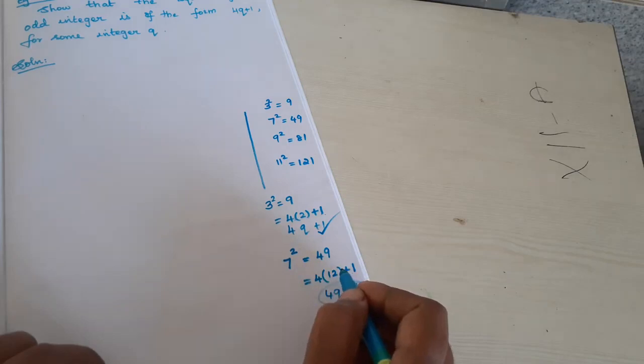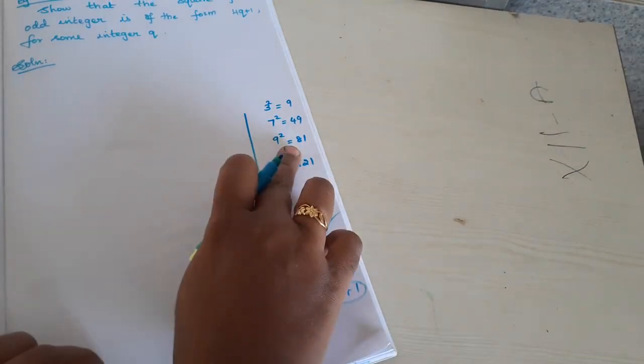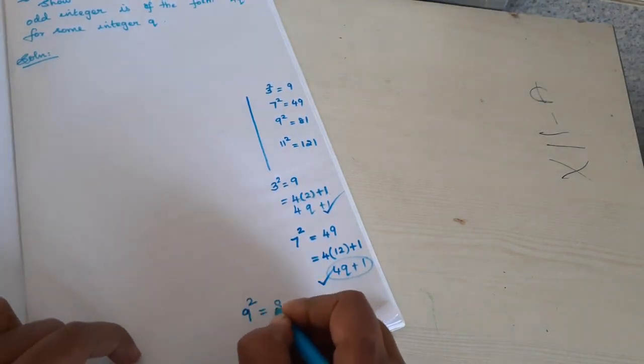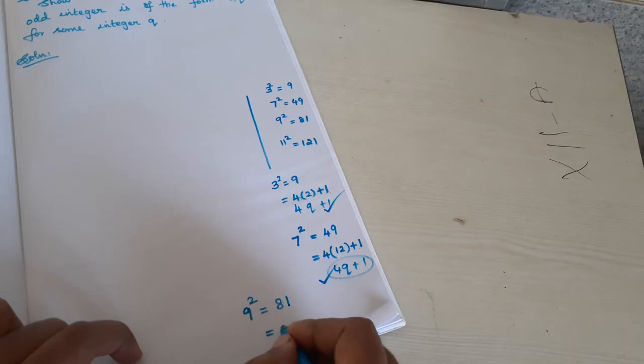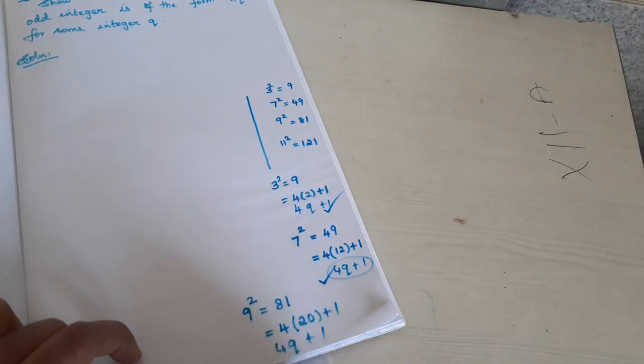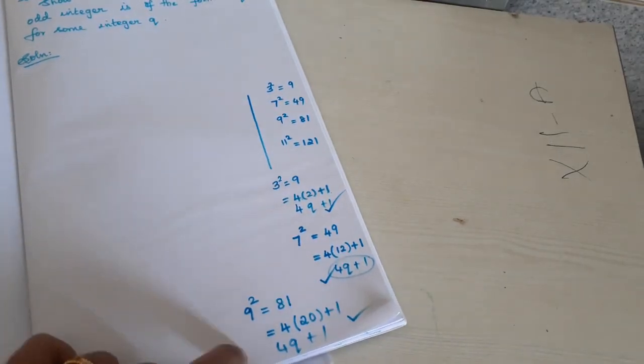So this is also correct. Shall we check the next one? 9 square. 9 is an odd number. When we take the square we get 81. So we can write 4 into 20 plus 1, so 4q plus 1. This is also the correct format. If you check 11 square, you will get the same format.